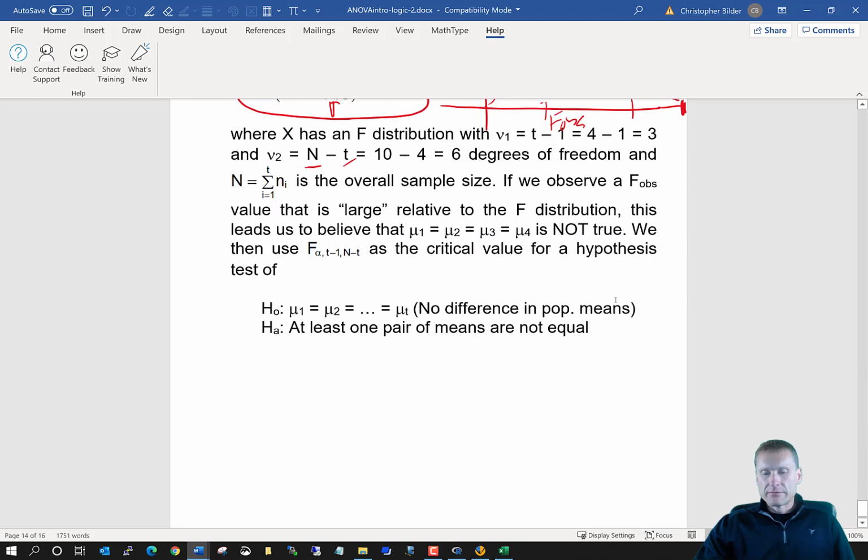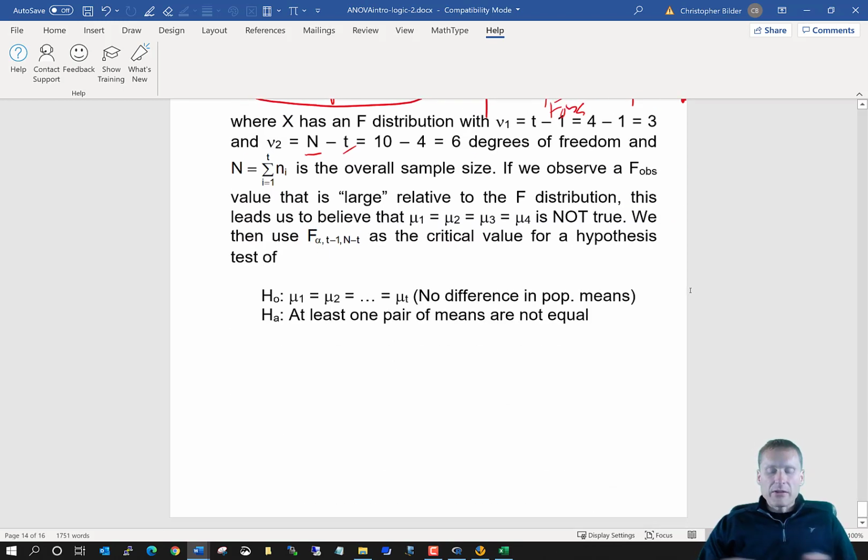Okay. So what we can do then is go to the F distribution and find a quantile with it. Again, we typically use a small alpha there because that means there's a little probability that you're going to be to the right of this critical value. And we use this quantile as a way to make the decision: is our F obs unusual or not?